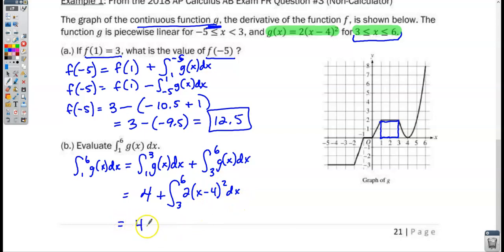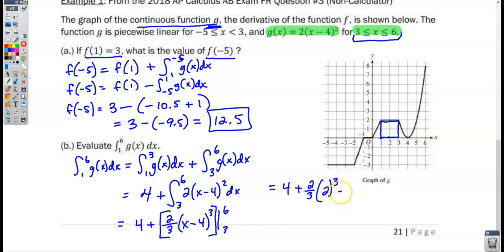So I'm going to go ahead and find my antiderivative. It's going to be 2/3 times x minus 4 to the third power, evaluated from 3 to 6. We've got 4 plus 2/3 times 2 cubed minus 2/3 times negative 1 cubed.